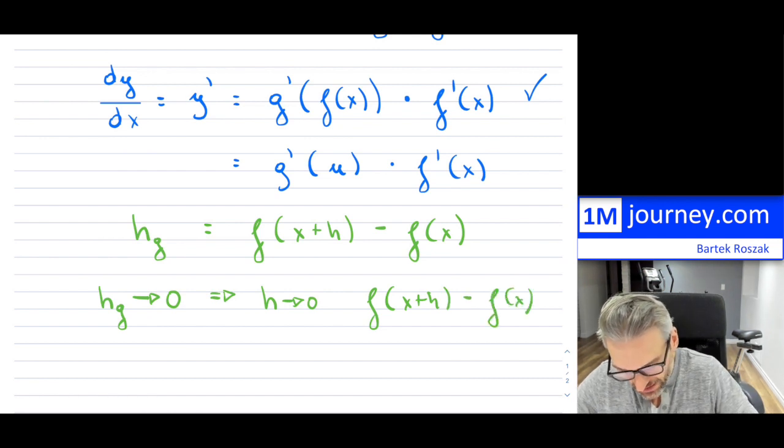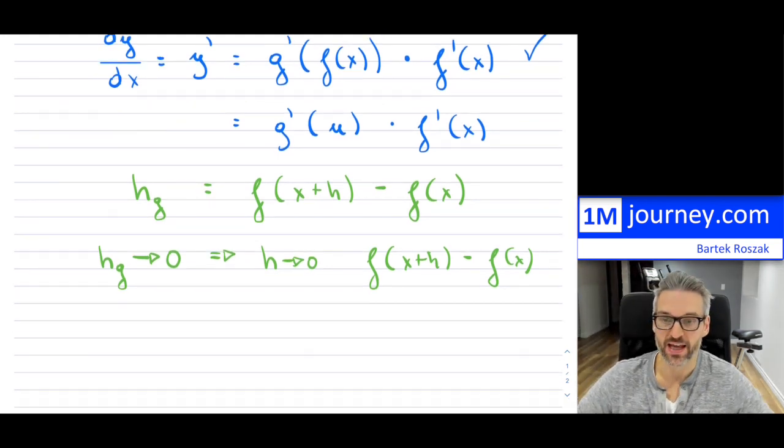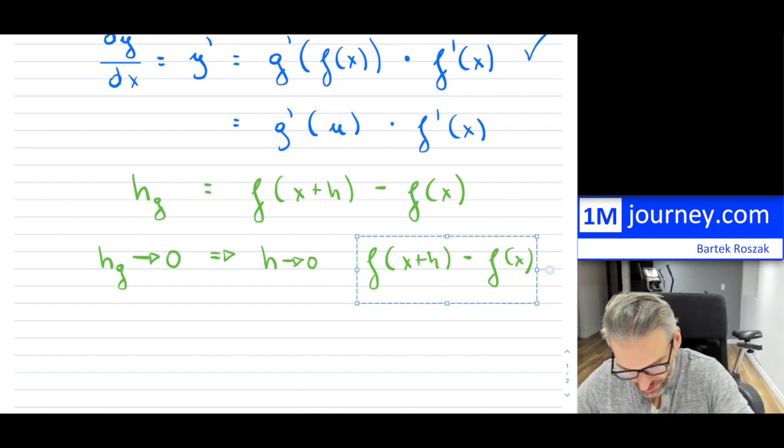So if I would write the limit of hg approaching 0, that's the same thing as saying that it is the limit as h approaches 0 of this. So I hope that you can see that.